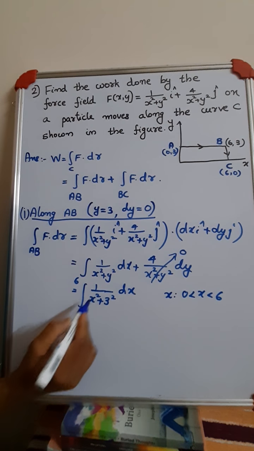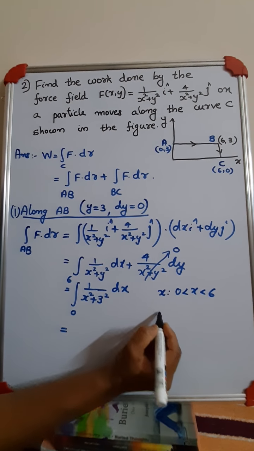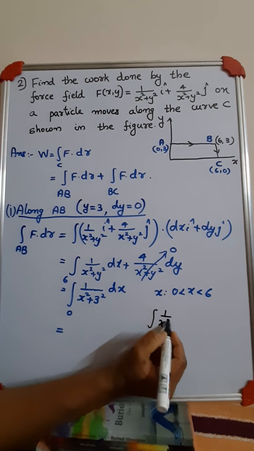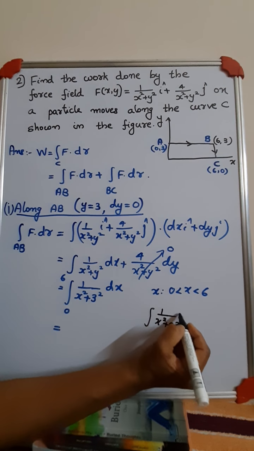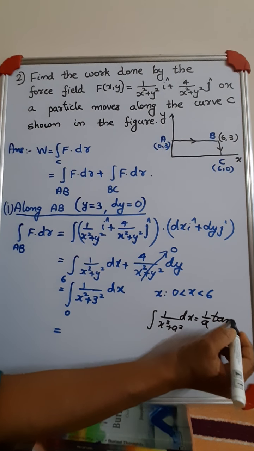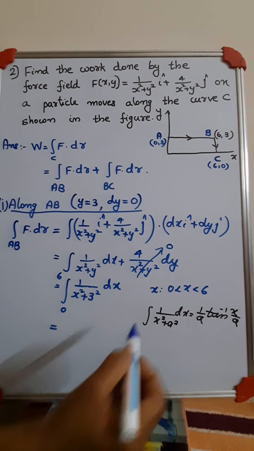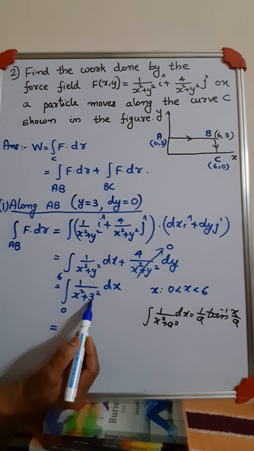And that is equal to, what is the integral of 1 by x square plus a square? We have the formula: integral 1 by x square plus a square dx is equal to 1 by a into tan inverse x by a. So, instead of a, the term is 3 here.